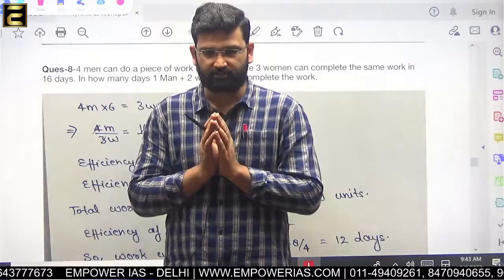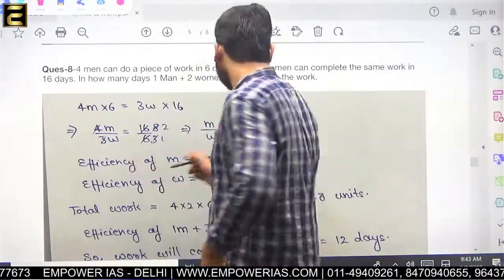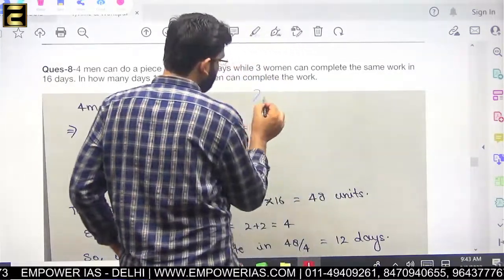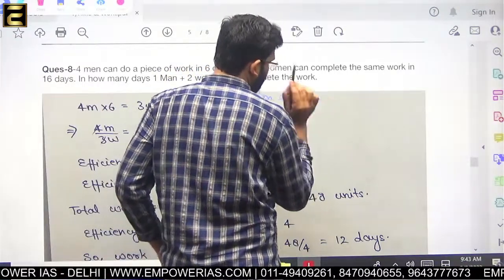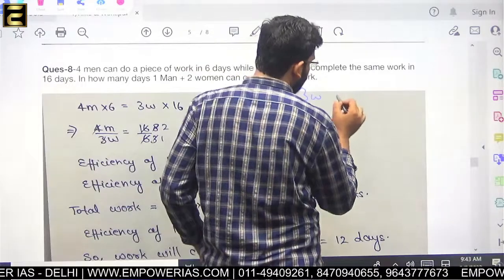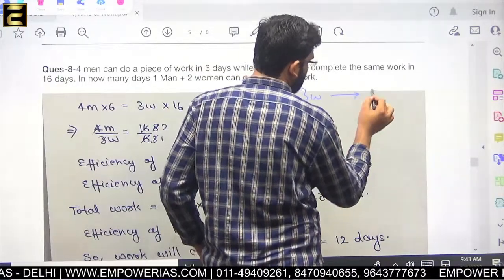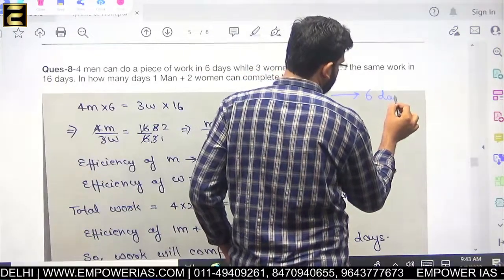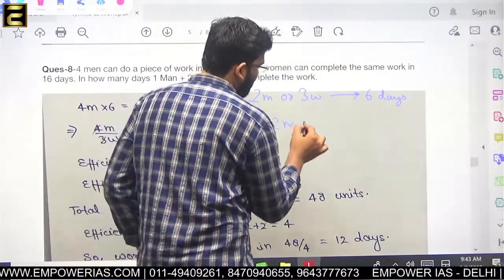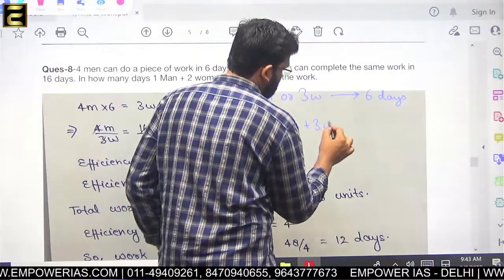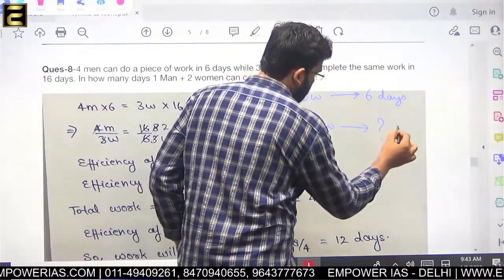Are you getting the question? 2 men or 3 women can complete the work in 6 days, then 2 men and 3 women will take how many days?